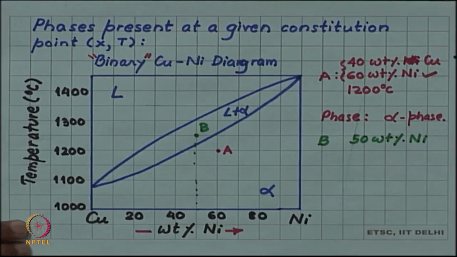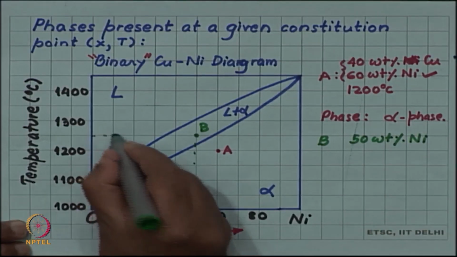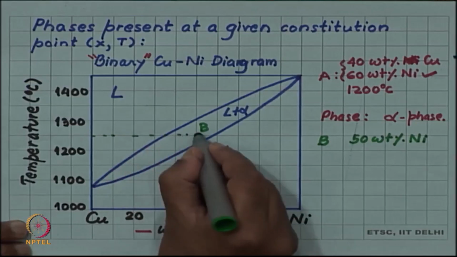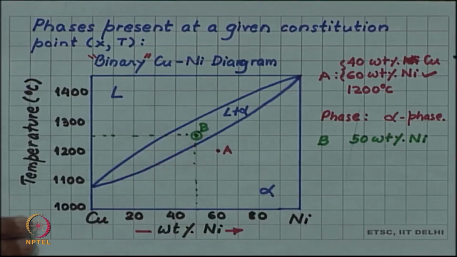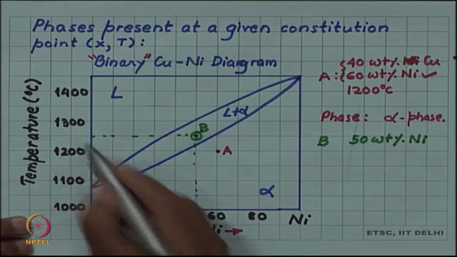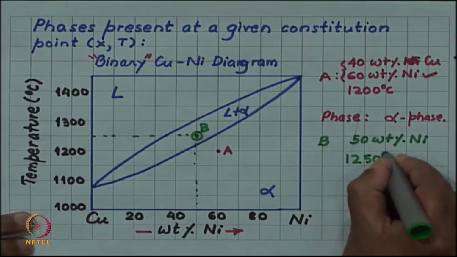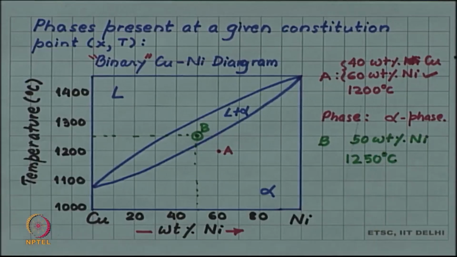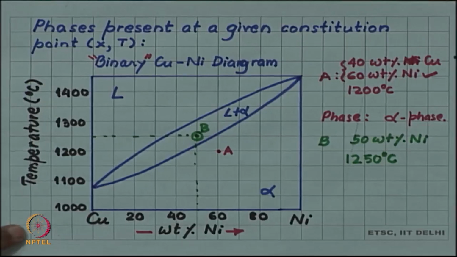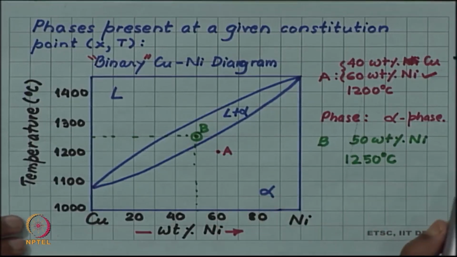So, it is a 50-50 alloy, and if I look at the temperature, I find that it is 1250 degrees Celsius. So, an alloy of 50% nickel, 50% copper is being held at 1250 degrees Celsius. So, what are the phases present?